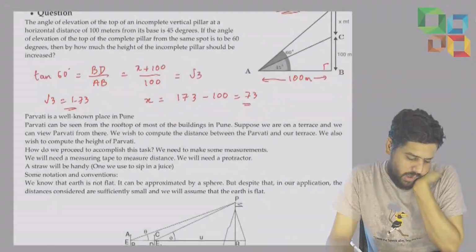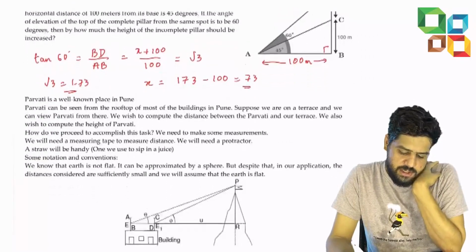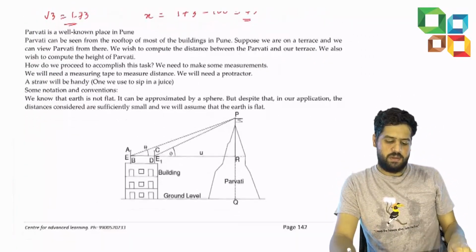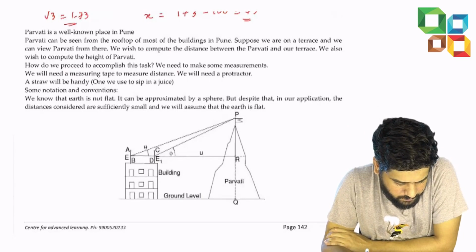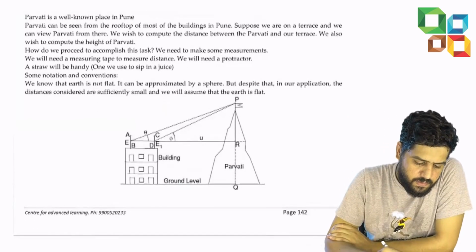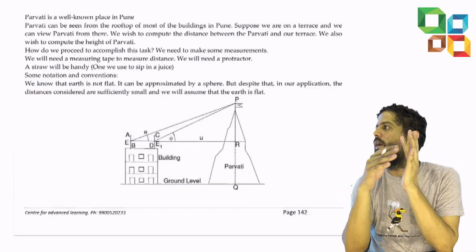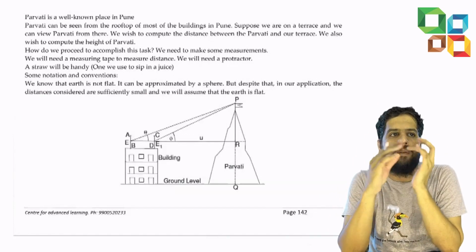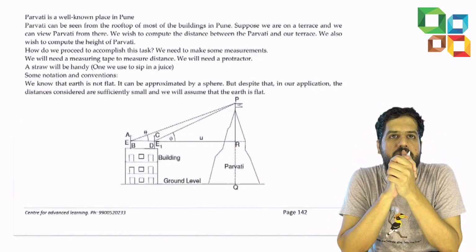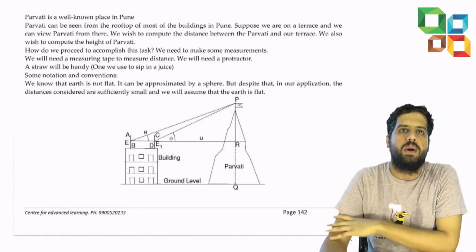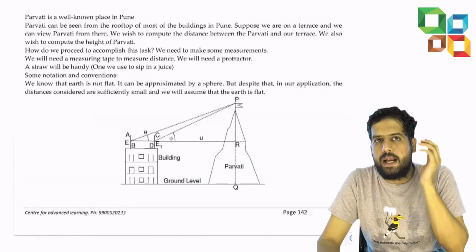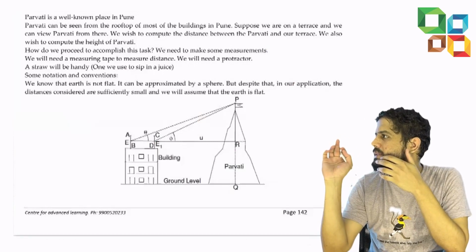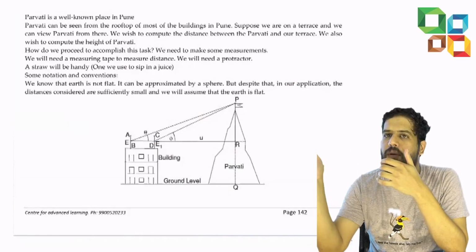Okay. Fine. So those were some simple introductory questions. Now, suppose if you are in an apartment or in your house, you'll have a terrace, and suppose there is a hill you can see.